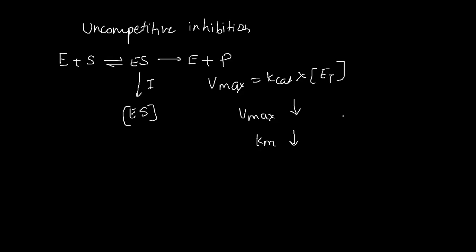And as you know, Km and affinity are inversely proportional, so the Km is going to be decreased. So in the case of uncompetitive inhibition, both the maximum velocity of the reaction as well as the Km are going to be decreased.